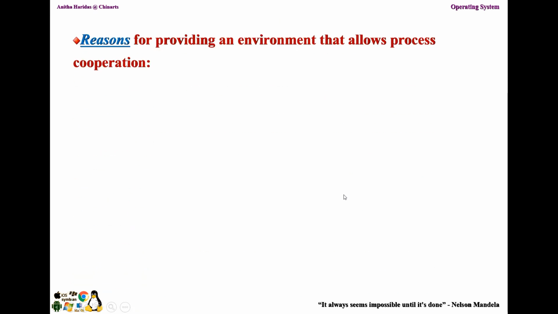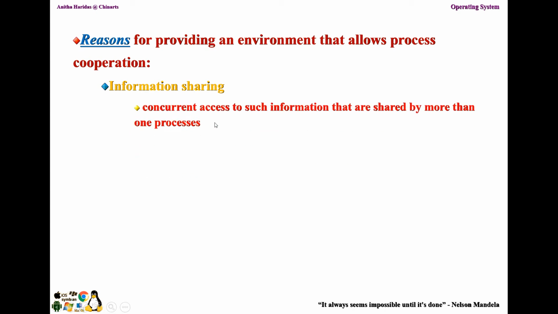Okay. Now, what are the reasons for providing an environment that allows process cooperation, right? So we are going a little deeper into these four advantages. First one is information sharing. Concurrent access to information that is shared by more than one process. That is what you call information sharing.